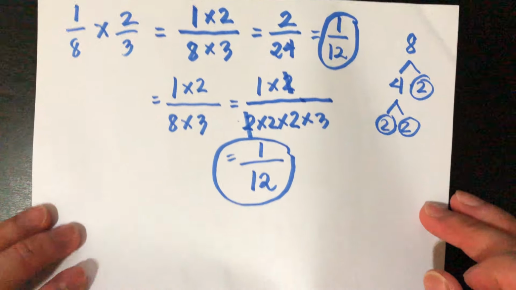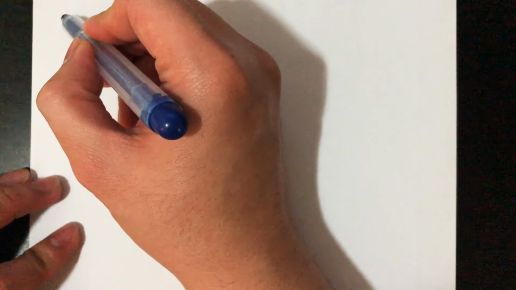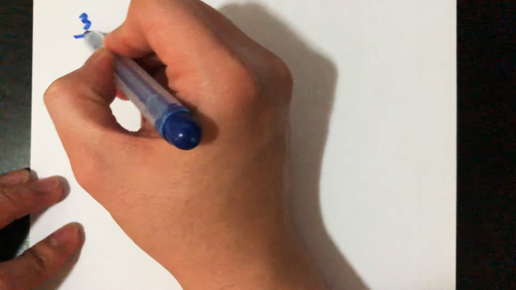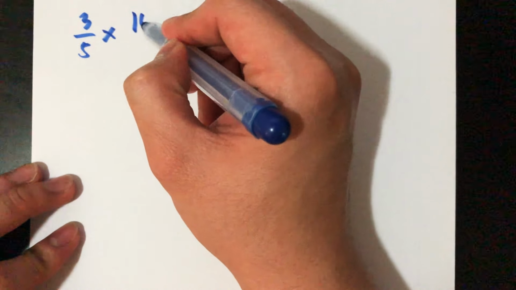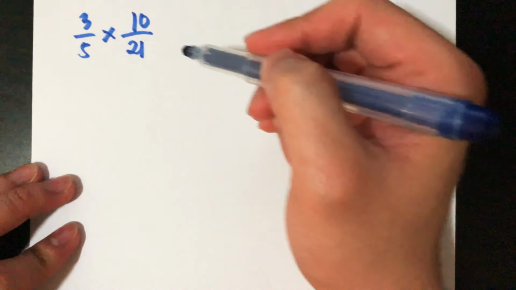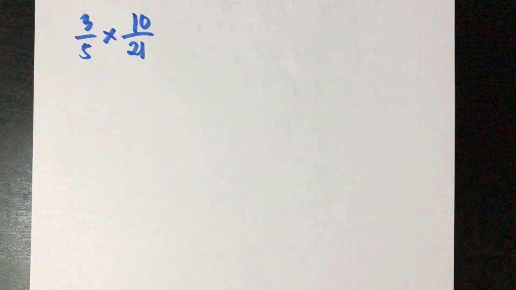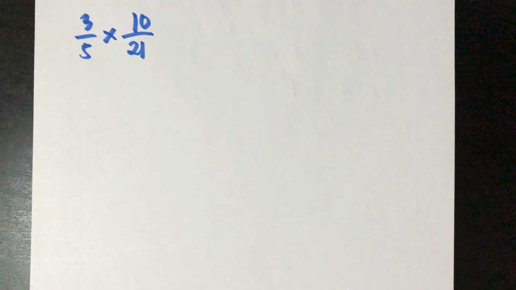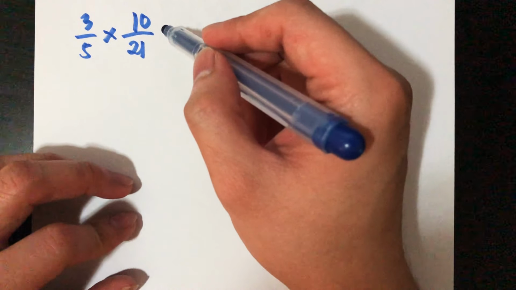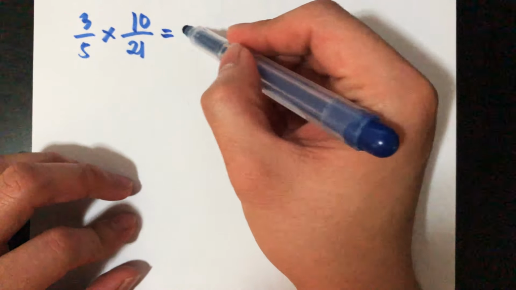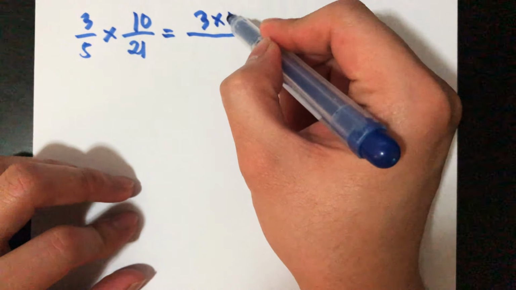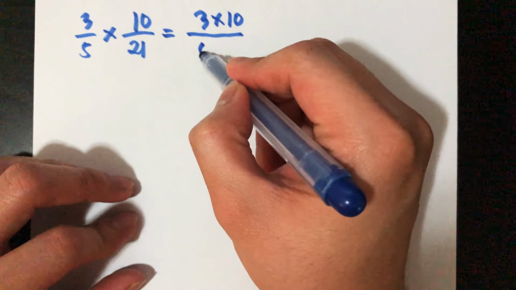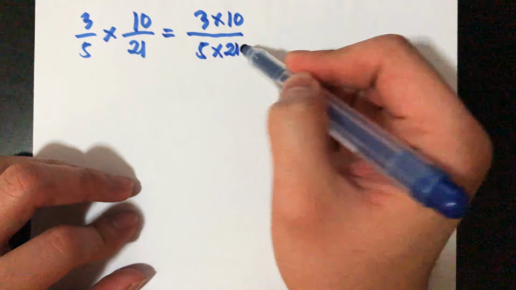Now let's try another example, which is we have 3 over 5 times 10 over 21. Okay? Now what we're going to do again, it is straightforward. We have 3 times 10, then we have 5 times 21.